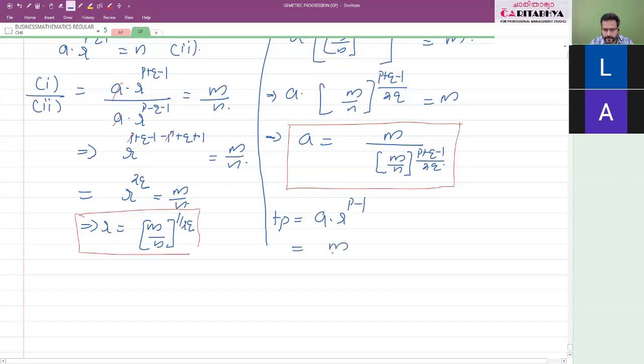So a is equal to M by N the whole raised to p plus q minus 1 divided by 2q, into r, which is M by N the whole raised to 1 by 2q.